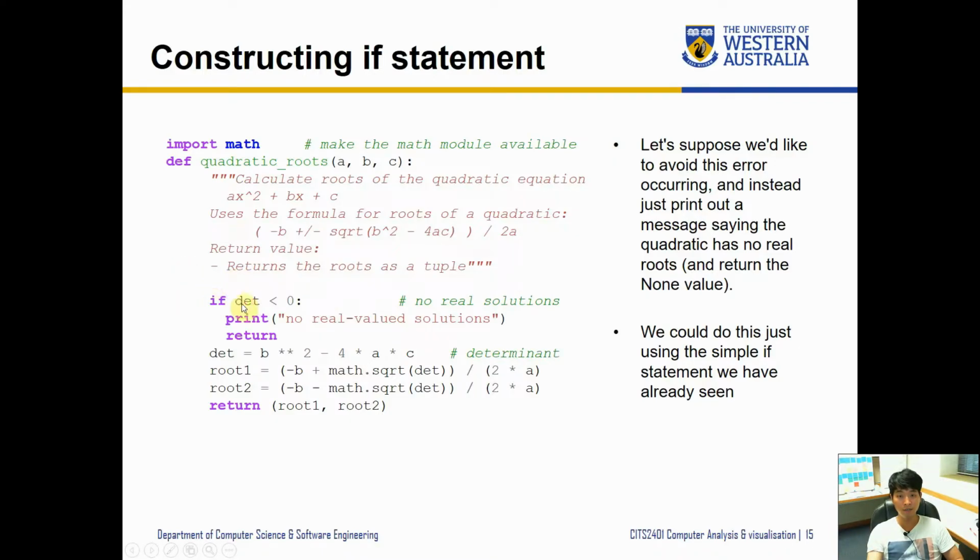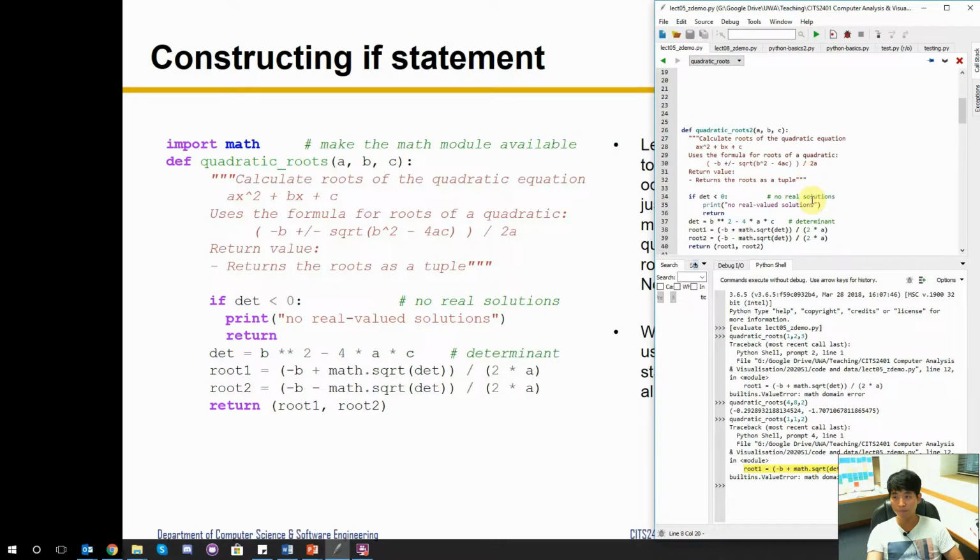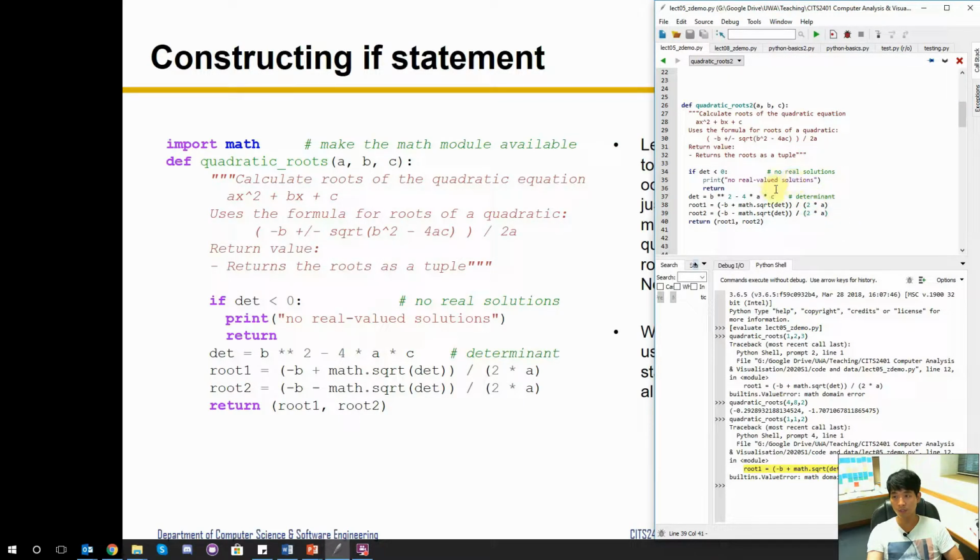Write if determinant is less than 0, then we can print no real value solution, and then adding a return will escape the function before executing any other code below. That's one way of early quitting the function, which is exemplified here.